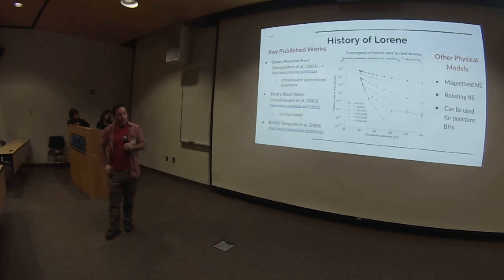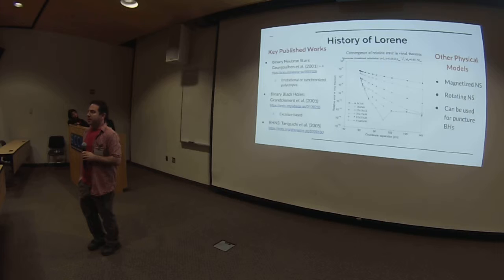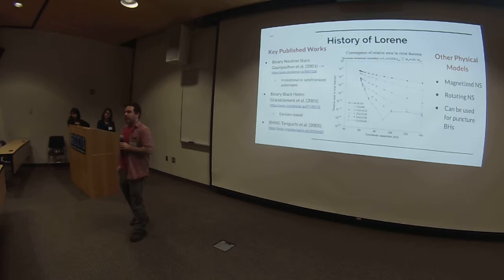The black hole work is interesting, but hasn't been followed up quite as much. Lorraine's binary black hole solver is an excision-based black hole treatment. It hasn't been used as widely lately from what I can tell. It's largely been moved to the side by TwoPunctures and a lot of the work related to TwoPunctures.